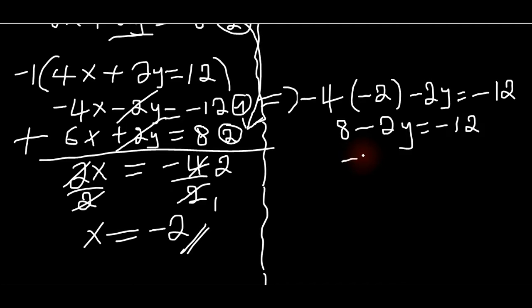So minus 2y will be equal to minus 12 minus 8. To have the value of y, we are going to divide both sides of the equation by negative 2.